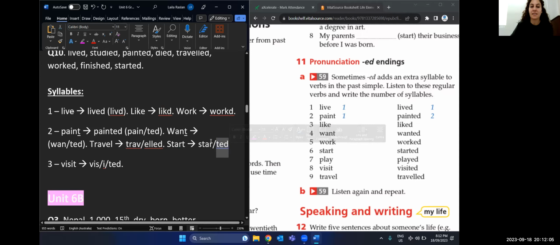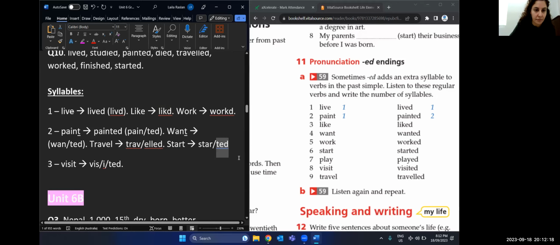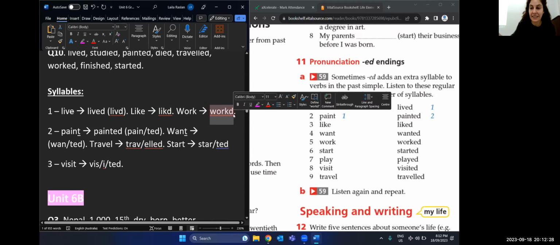TED has its own sound, started. And play is one sound, and played is like worked, so it's one sound. Played. I don't say "play-ed". I say played. It's one sound.